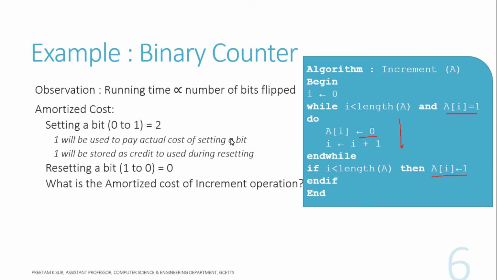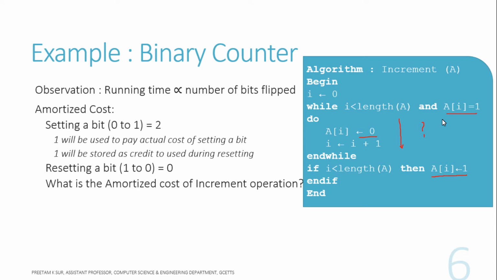Now if you look at the cost for setting a bit and resetting a bit, in this loop we are making all the bits from 1 to 0.